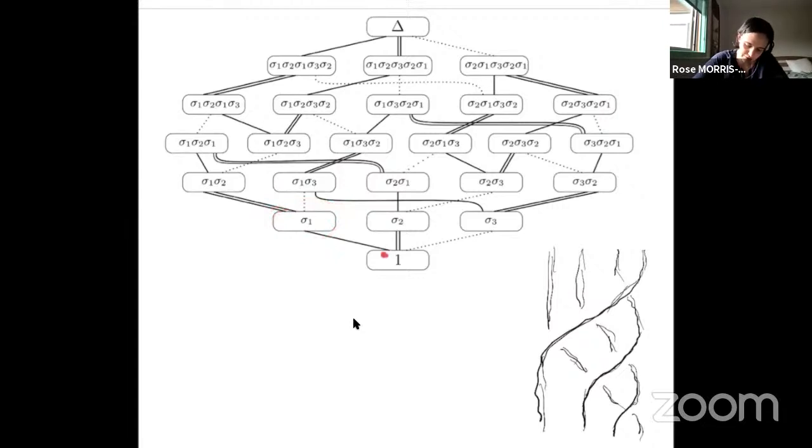You can see that if this is sigma 1 and this is sigma 2 and this is sigma 3, going up this way it should be sigma 3, sigma 2, sigma 1, and here I'm going sigma 3, sigma 2, sigma 1. And then I do sigma 3 again. Sigma 1, sigma 2, sigma 3.